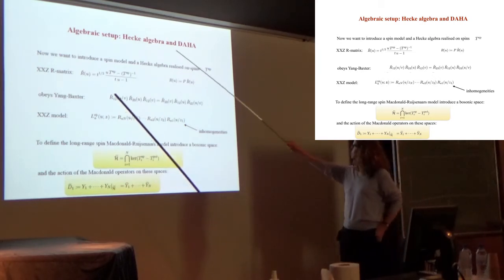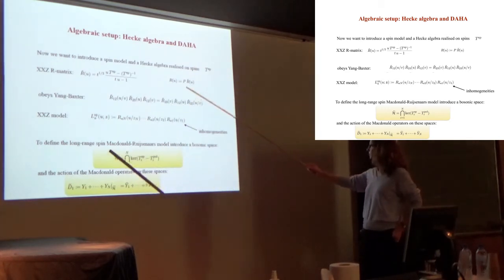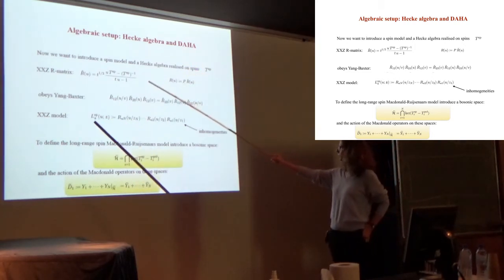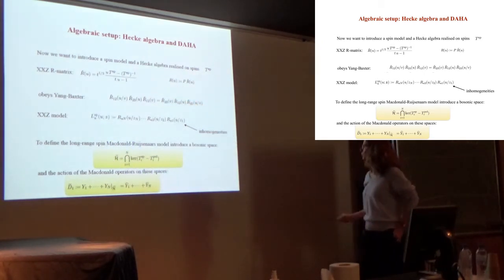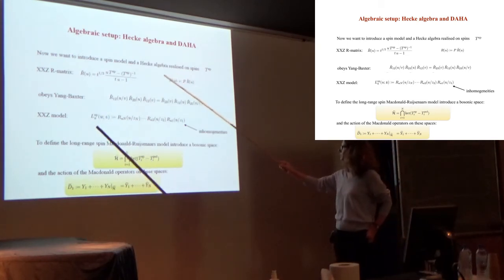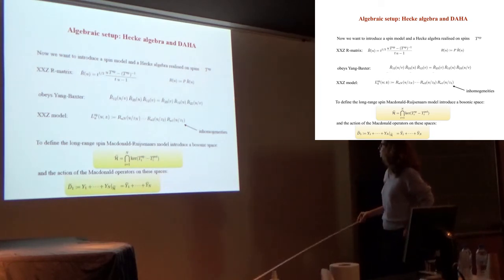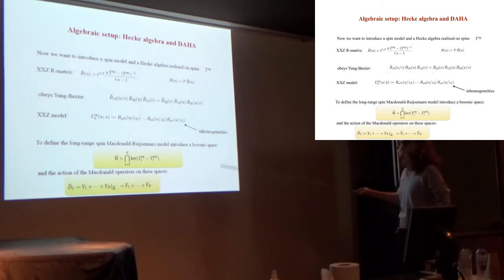So of course this matrix here obeys the Yang-Baxter equation, and this object is the building block of the XXZ model, because one can build the monodromy matrix of the XXZ model by multiplying different R matrices at different sites.